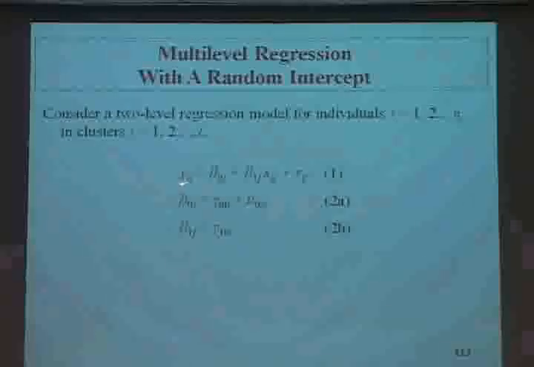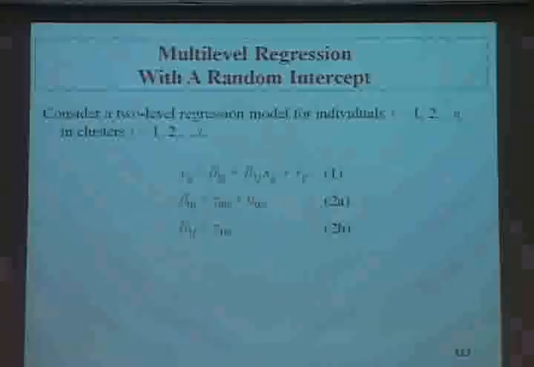So you have individual or student i in school j, intercept beta 0j, beta 1, the slope for x, and the residual. And in this case, you see that only the intercept is random, the slope is fixed. The intercept is random because we have this random residual u0j here.